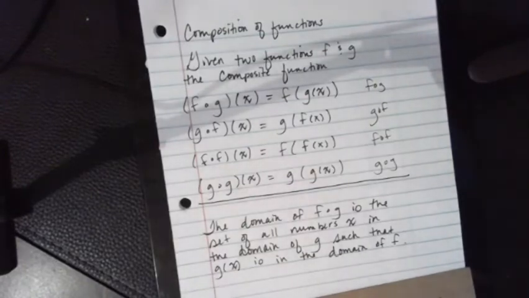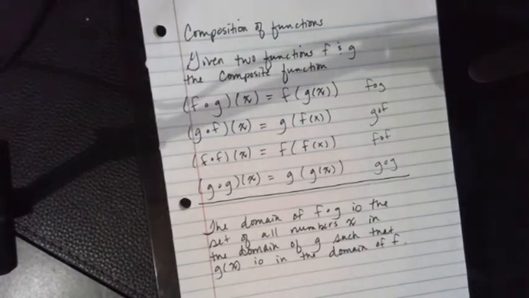So basically, we want to look at our domains for each of our two functions, and if we have a domain restriction in g, that is also going to be a restriction in f composed with g. If we have a restriction of f, we have to figure out what would make g equal that domain restriction, and that is also a restriction in f composed of g. Okay, and I know that sounds wonky, but let's look at a couple of examples, and hopefully that becomes a little more clear.